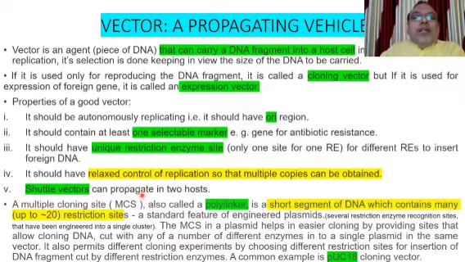So these are the characteristics we incorporate in shuttle vectors. We incorporate the features of both the vehicles, both the flourishing sites, both the flourishing cells.